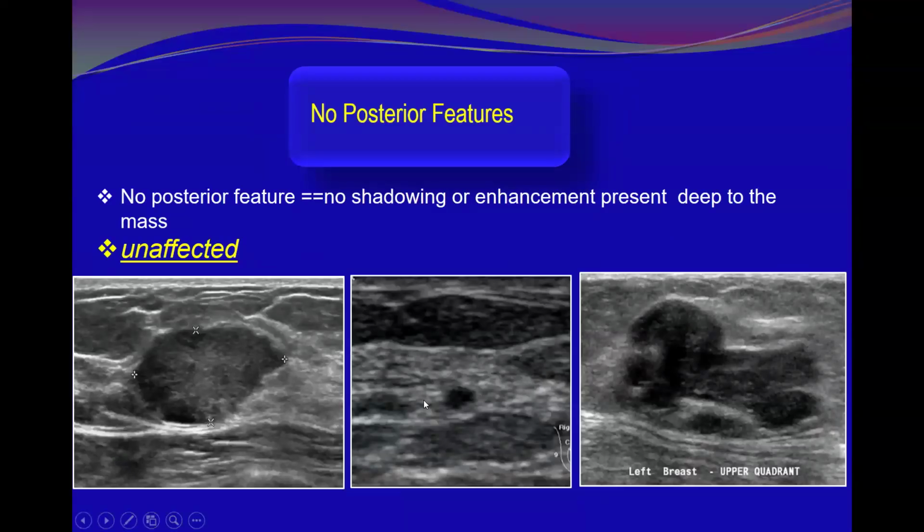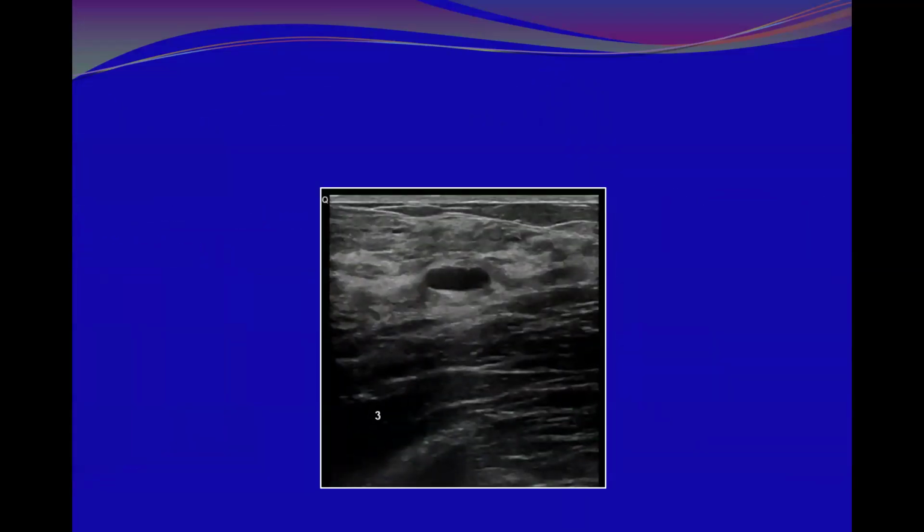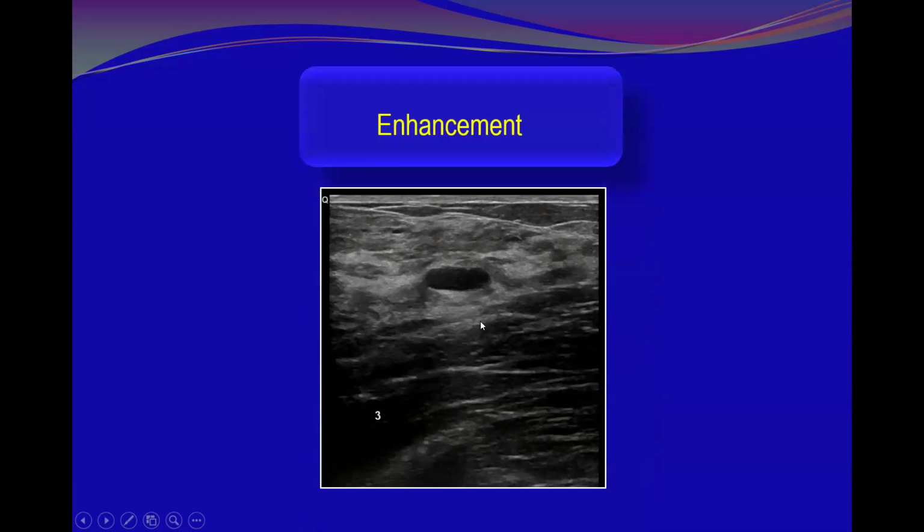Again, looking at these examples here, I cannot see any changes posterior to the lesions. So this one is not affected, no enhancement or shadowing. What about this one? Can you see any change here? There is a faint column of increased echogenicity posterior to this cyst. So this is enhancement.